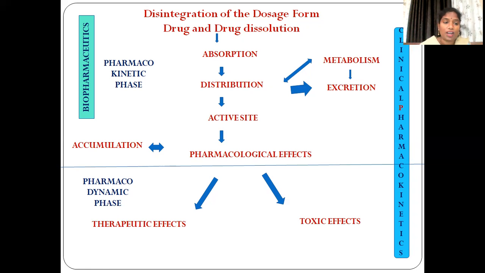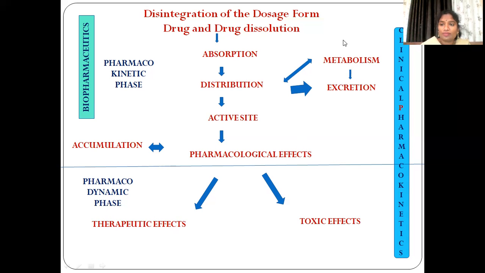Biopharmaceutics is about how much of the disease we are curing by using this pharmacological effect, and using this information we can estimate or optimize the drug. This therapeutic phase and toxic phase we call the pharmacodynamic phase.